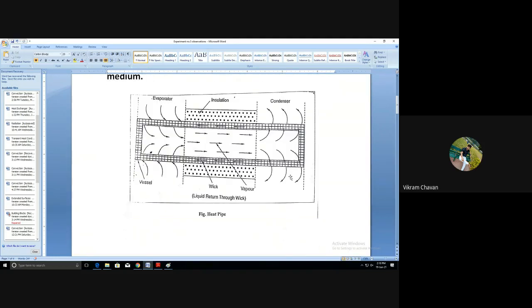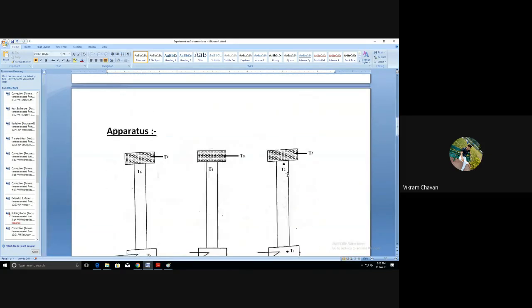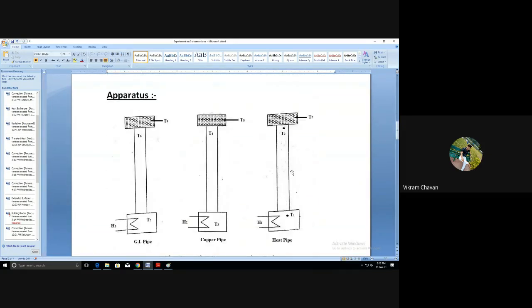Now, in the apparatus part, in this experiment we are going to compare three different pipes. The first one is the heat pipe, the second one is the copper pipe, and the third one is the GI pipe. Now, what are we going to compare in these three pipes? Actually, there will not be any calculation part in this experiment.